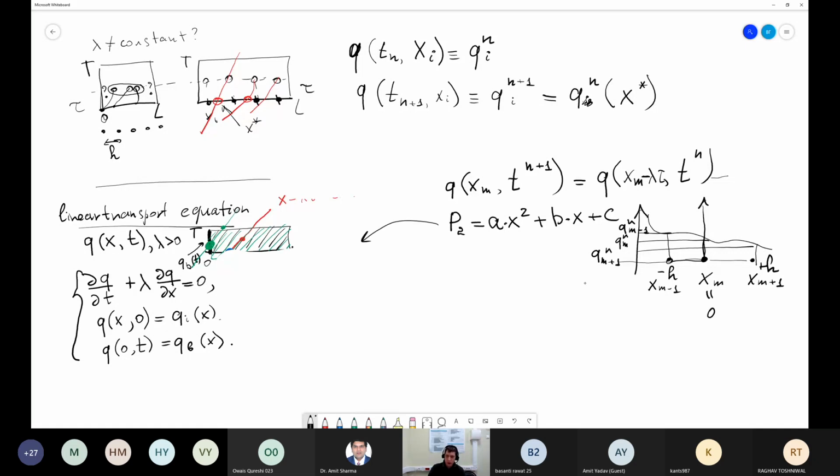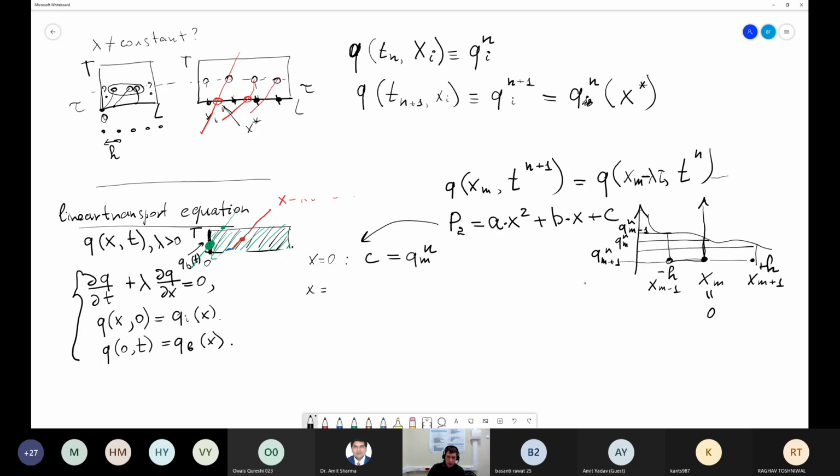The first equation, x equal to 0: a multiplied by 0 plus b multiplied by 0 plus c. C is equal to the value of the function here, q m n.